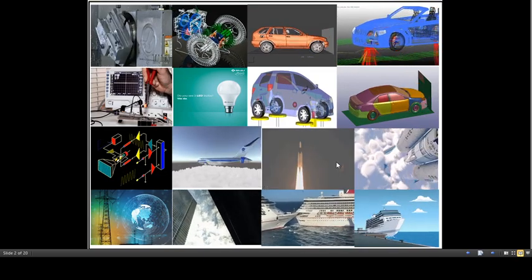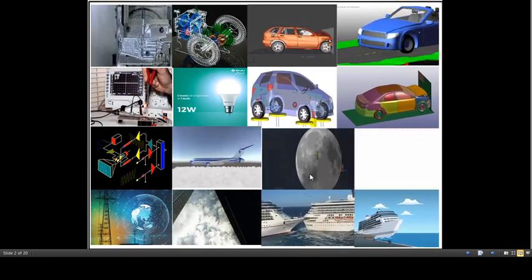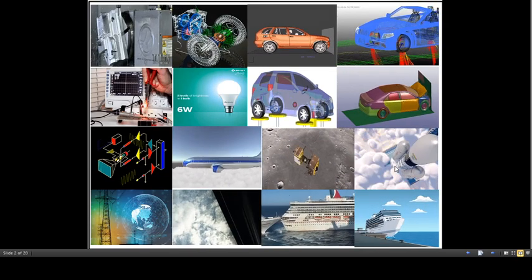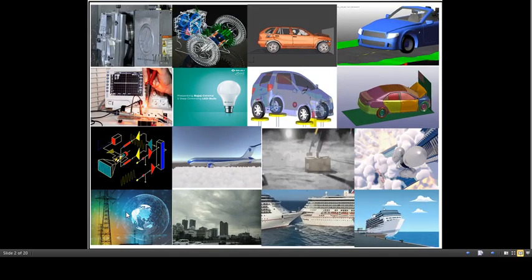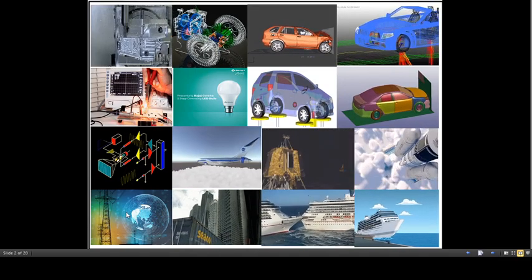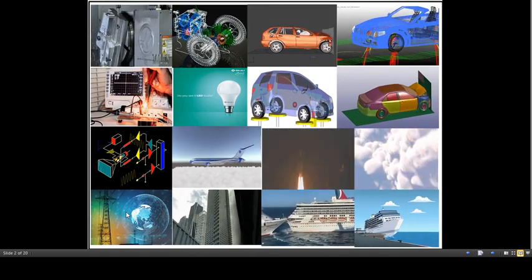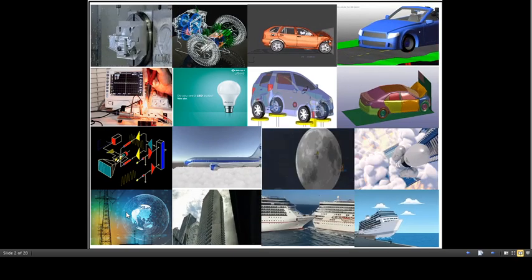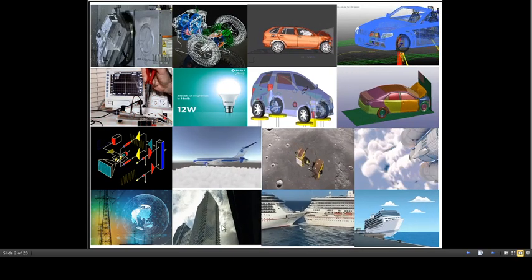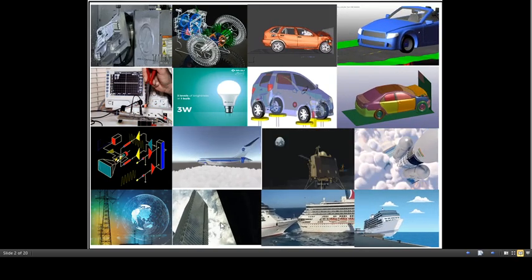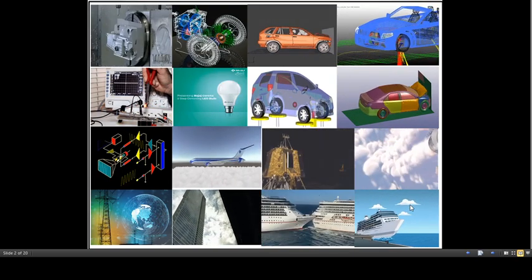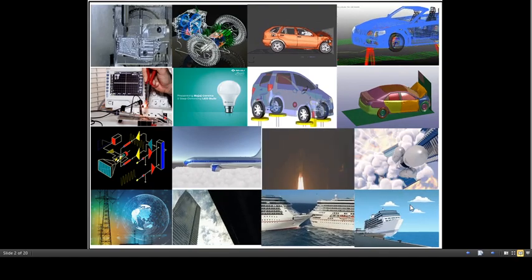Yes, this is the Chandrayaan. This is the rocket launching. This is telecommunication, the field of electrical engineering. Beauty of architecture and civil engineering. And this is nothing but the big ships.